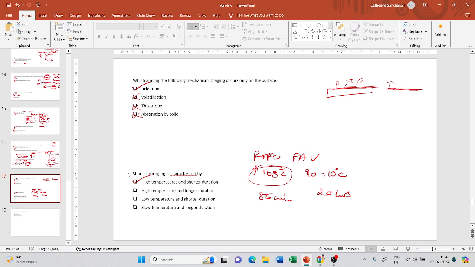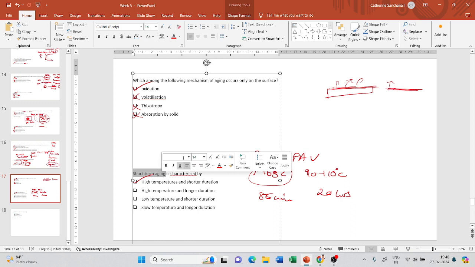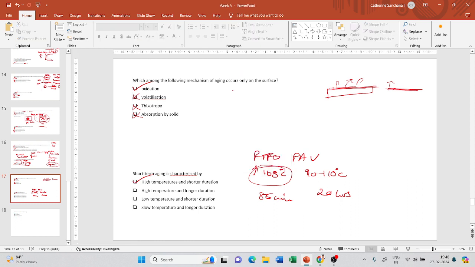This is not only for laboratory but also for mixing and compaction, because mixing and compaction occurs for a very short duration, right? And also it occurs at 165 degrees Celsius, which is very high compared to the service temperature of say 50 or 55 or 60 as high temperature, pavement high temperatures.